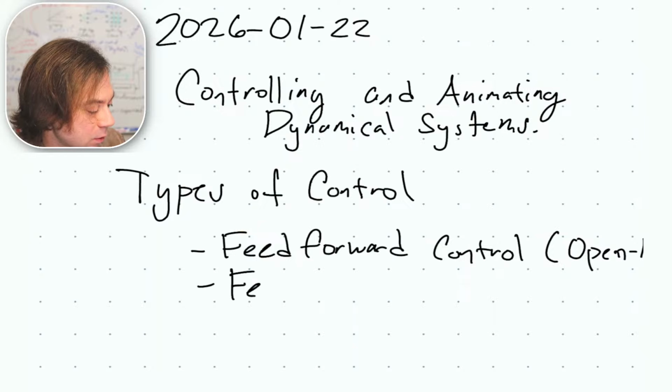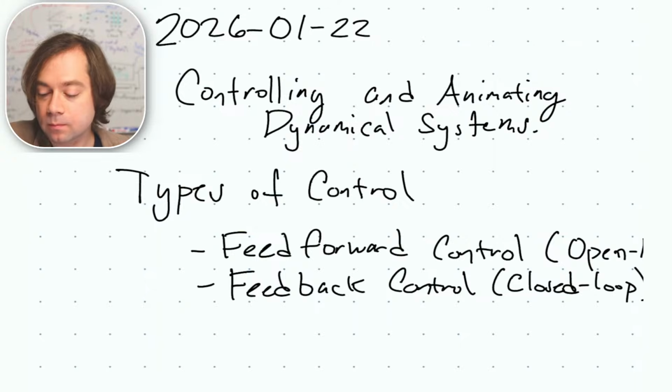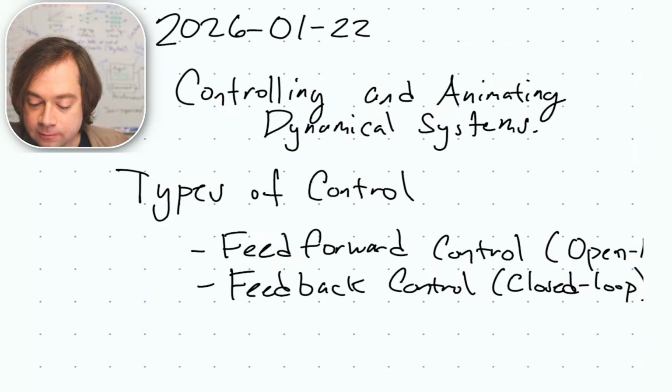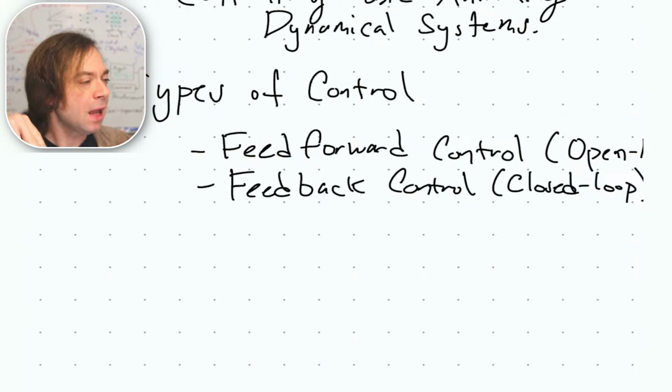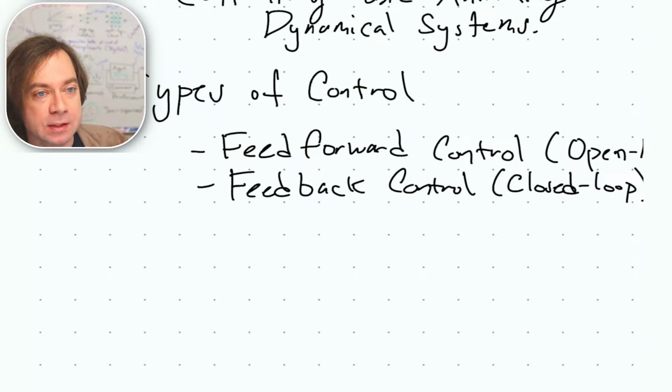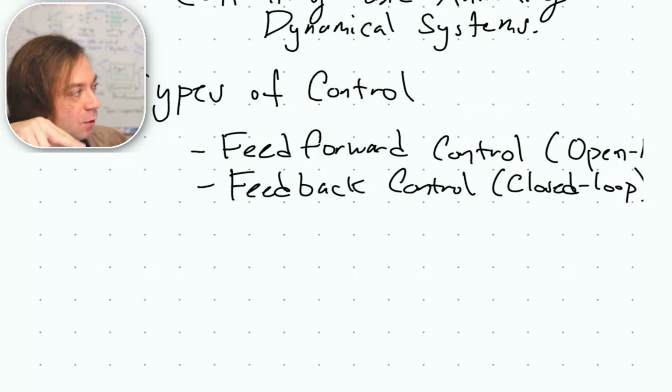And feedback control, that is closed loop. Recalling that feed forward control means you're just putting in an input and you're not using measurements of what's happening to adjust what's going on. You send that control signal forward, and then something happens.